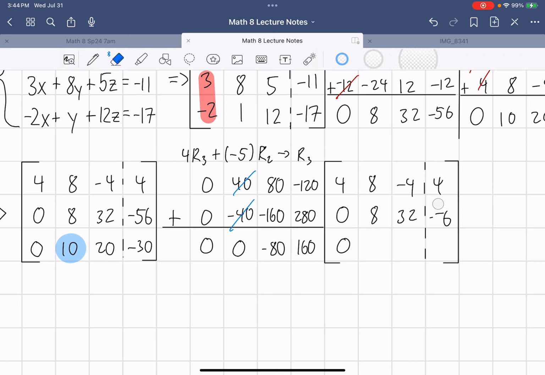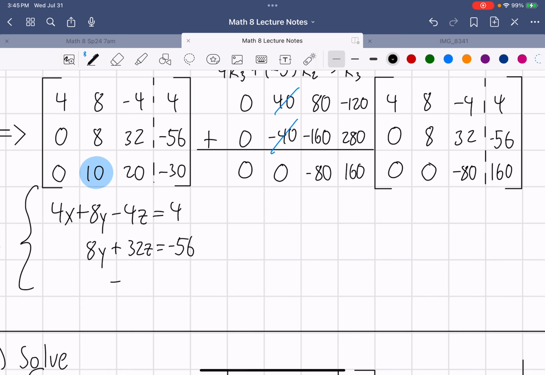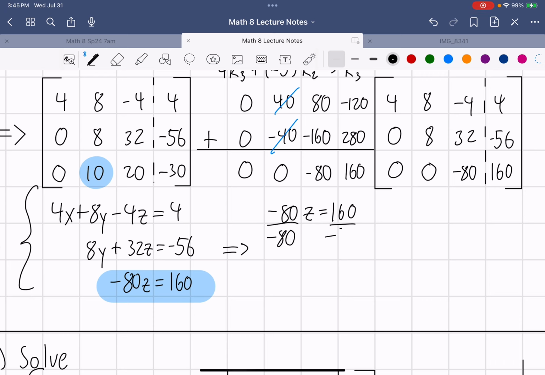And then the x and y are 0 here. This is going to be 80z equal to 160. And hopefully you can see that I can take this last row, 80z, because that's one equation, one unknown, that I can just divide both sides by negative 80. And that leaves me with z is equal to negative 2.